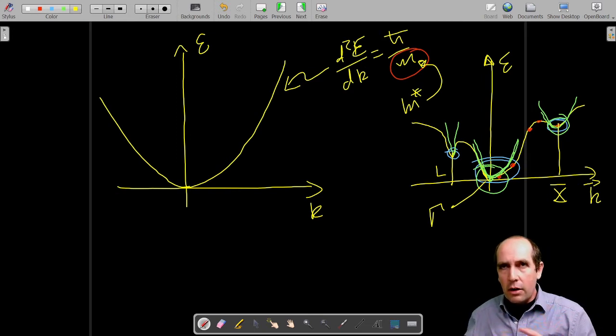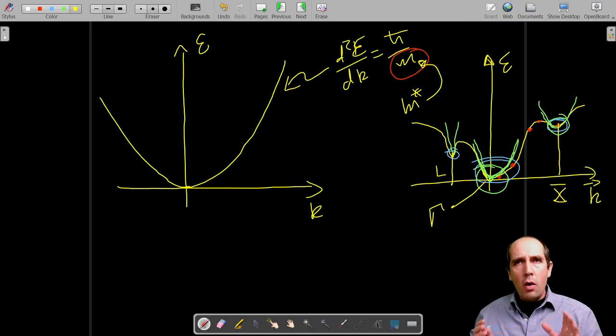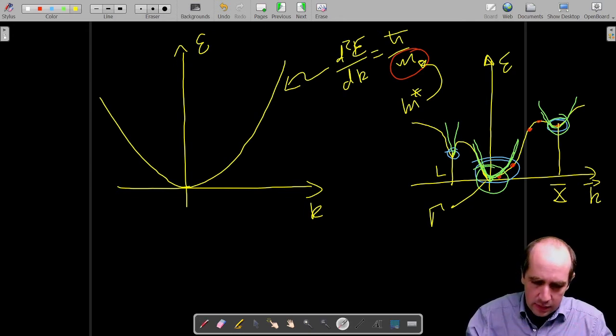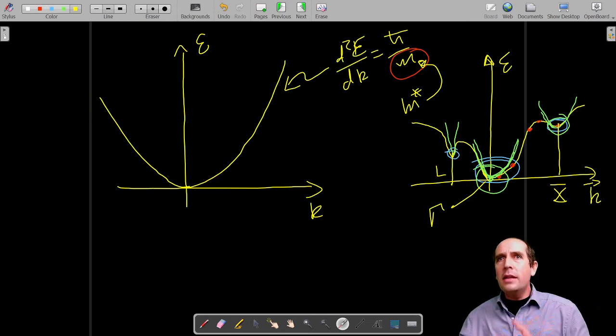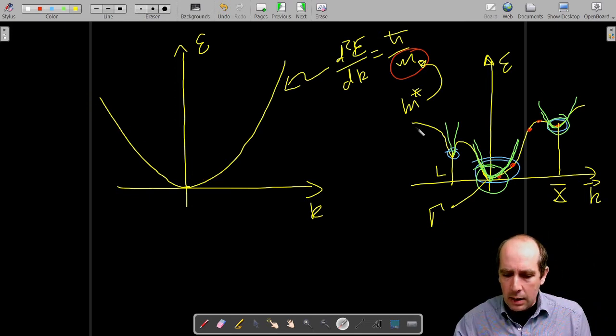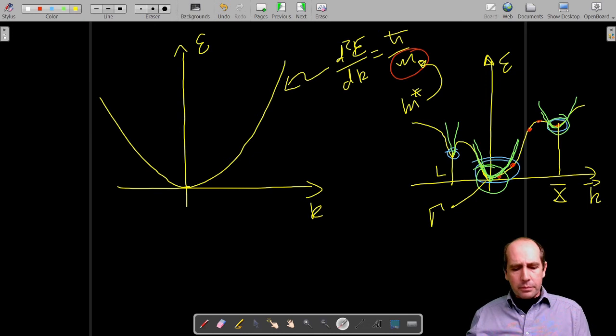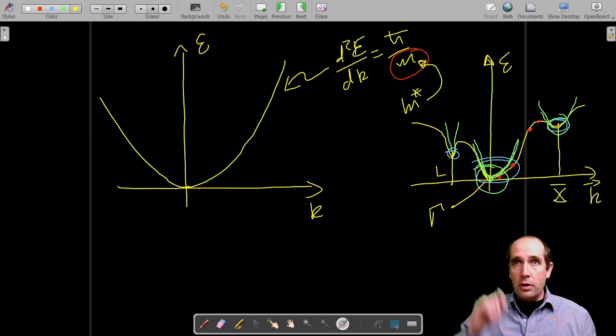But for the sake of these arguments, we will always assume here that the bands are just very simple parabolas, or in the worst case scenario, a structure like this one that can be approximated locally by parabolas. And again, this is what we call the parabolic band structure, or the parabolic approximation to the band structure, although the band structure is really this more complicated curve that I drew up here in yellow.